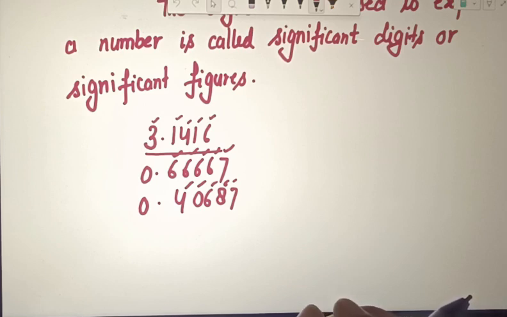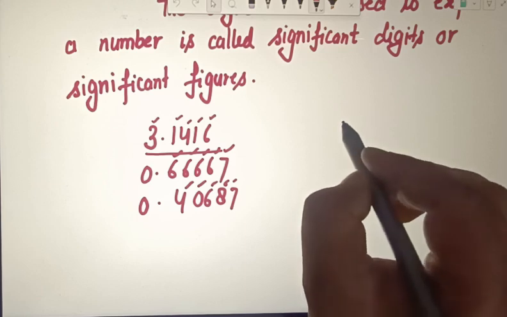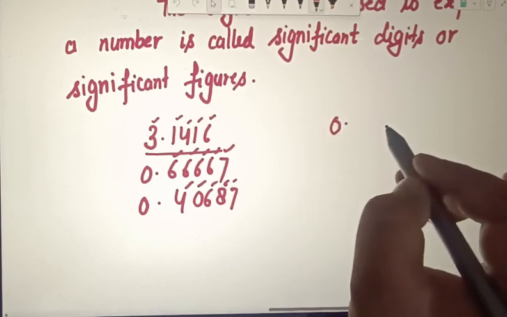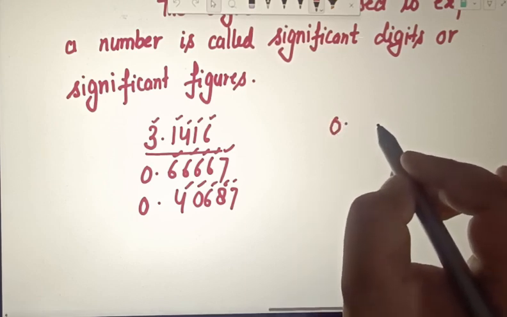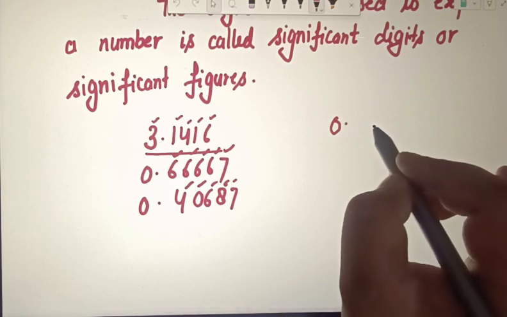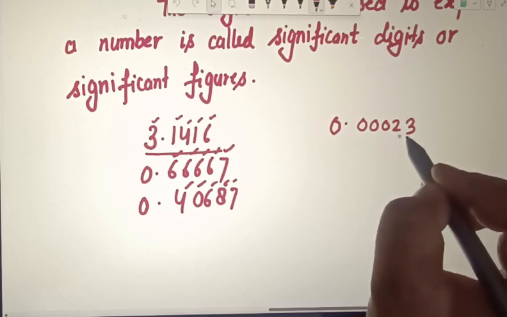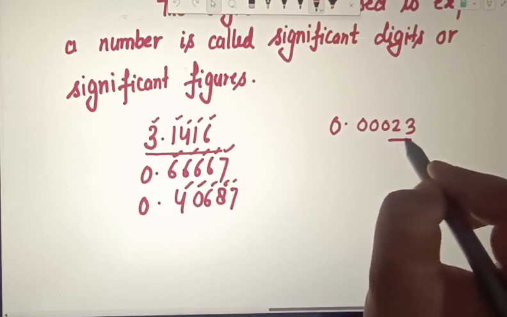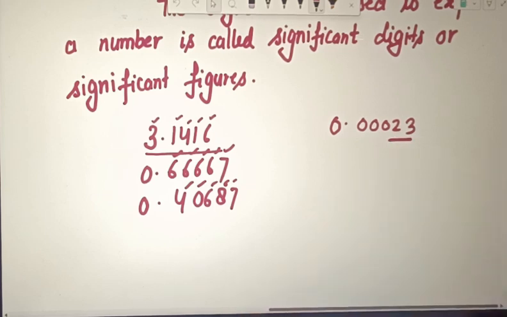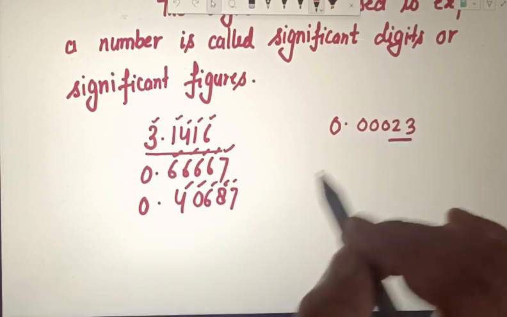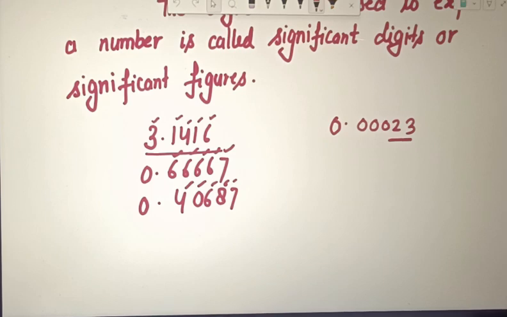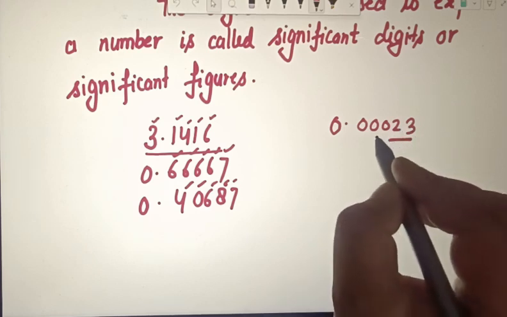On the other hand, if we talk about 0.00023, it contains 2 significant digits to express this number, since the zeros serve only to fix the position of the decimal point.